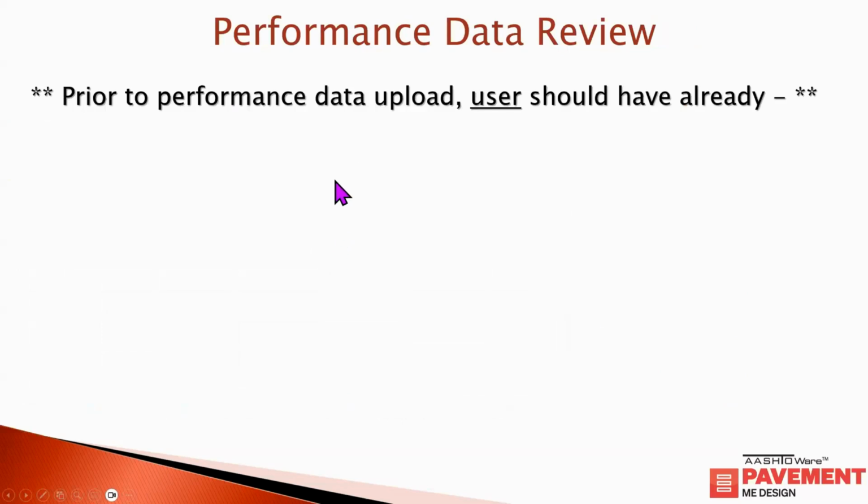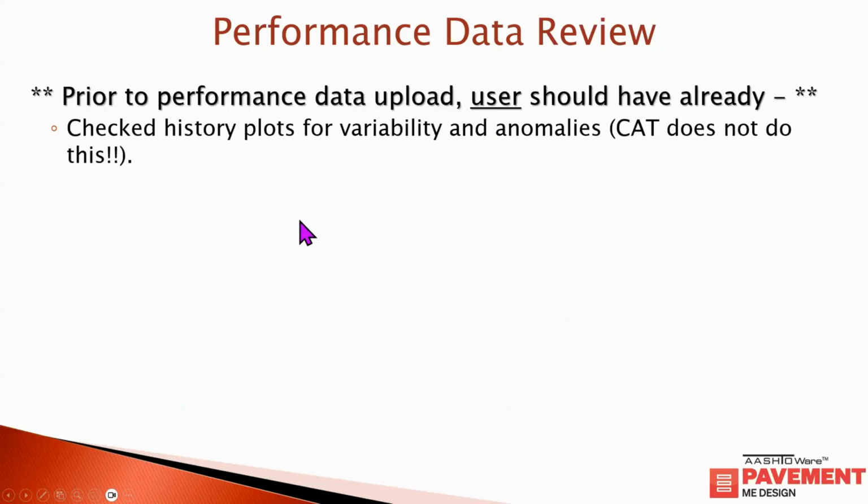So prior to uploading data, and we've kind of touched on this already, you should check history plots. The CAT's not going to do that for you. It's not going to generate those history plots.